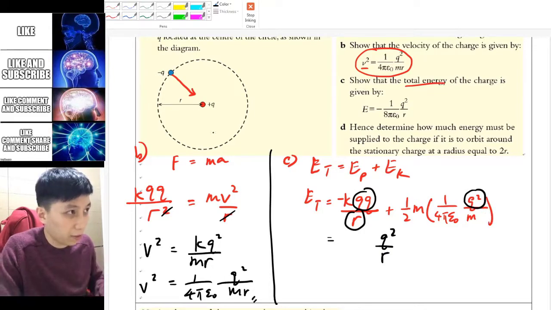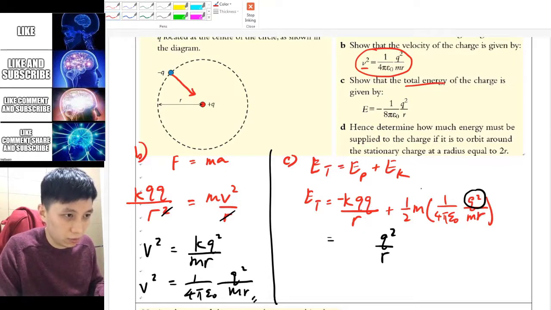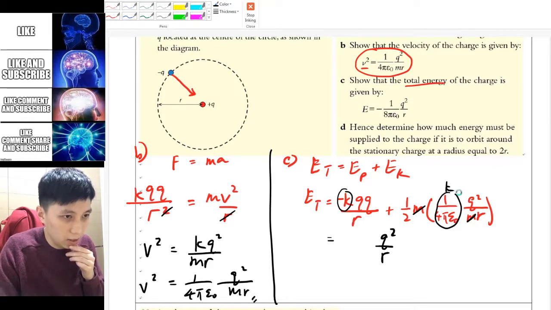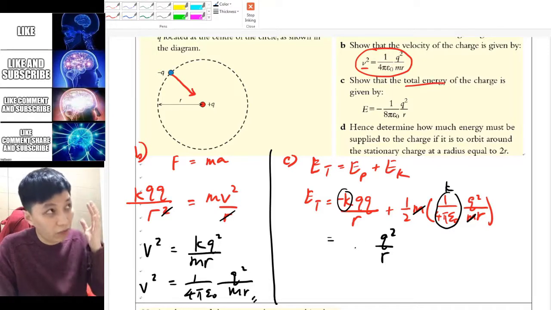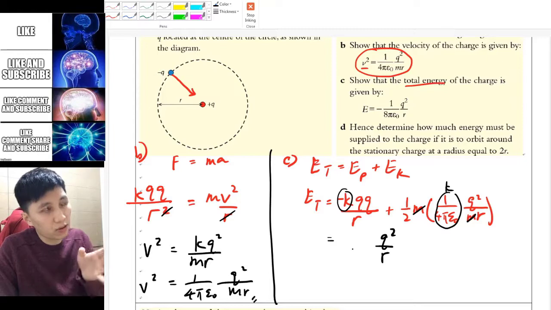Okay, so I think in your case you shouldn't be circling it. All right, I just try to show it to you, and then the m actually cancels out, and that makes sense because there's no m here. So what you have at the end is simply k here, and then this is also k, but then you have a half. So you have negative 1k and then positive half k.